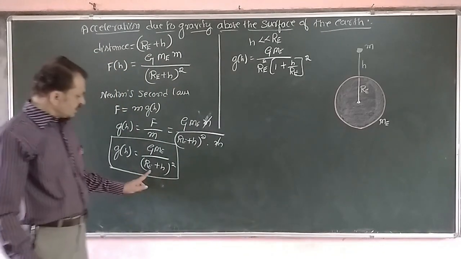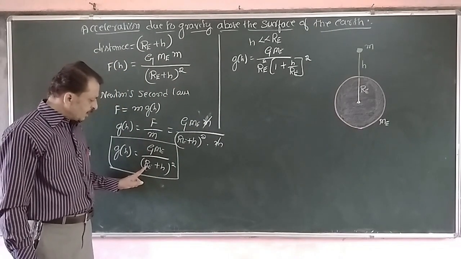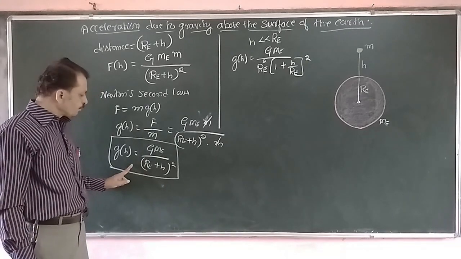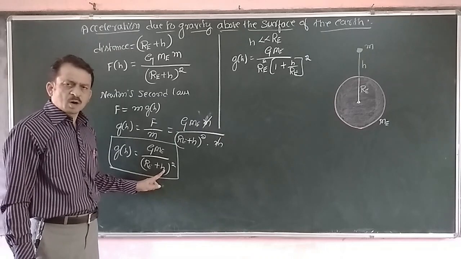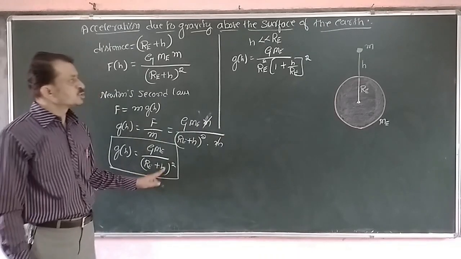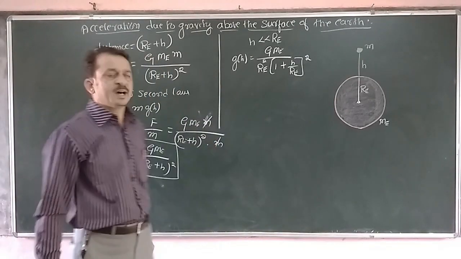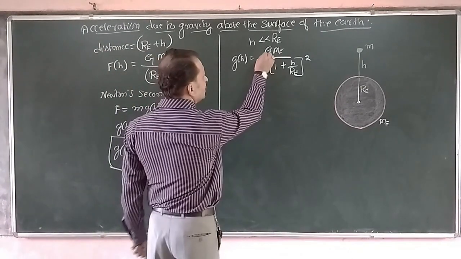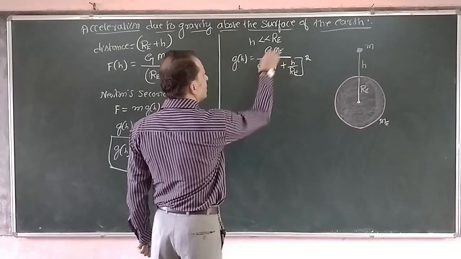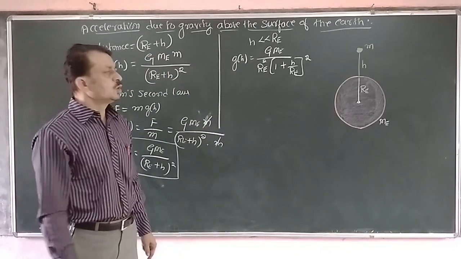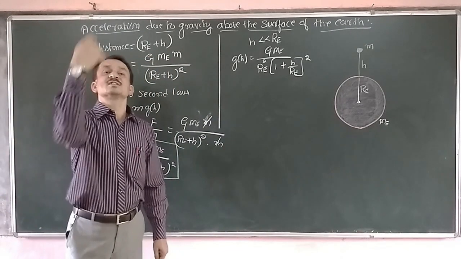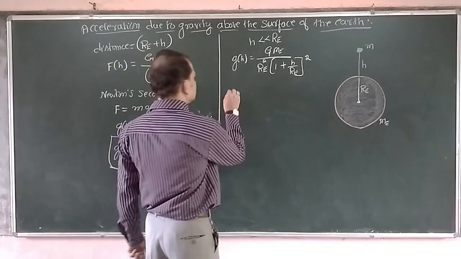What we have made in this expression: in the denominator Re is taken common out, therefore here it is 1 plus h by Re, since there is no common term of Re, it should become the denominator. Now look at this expression, G Me divided by Re square, which is equal to acceleration due to gravity on the surface of the earth.